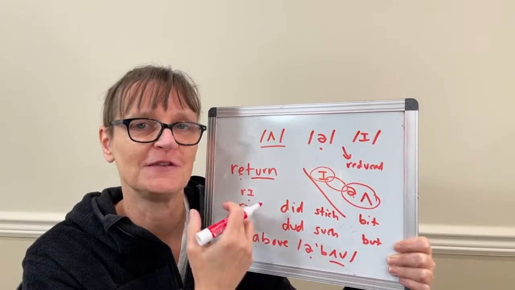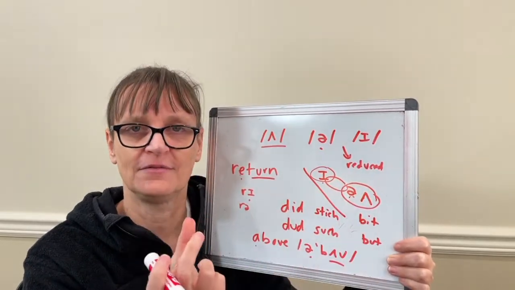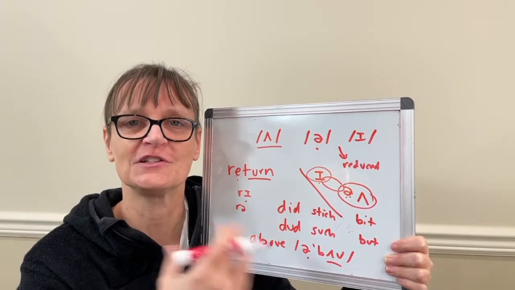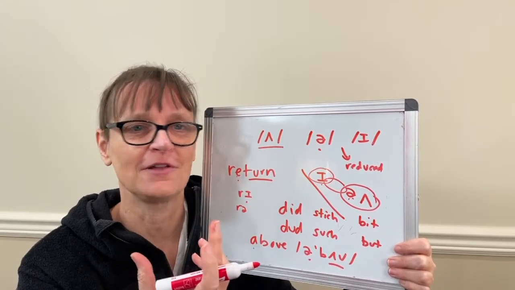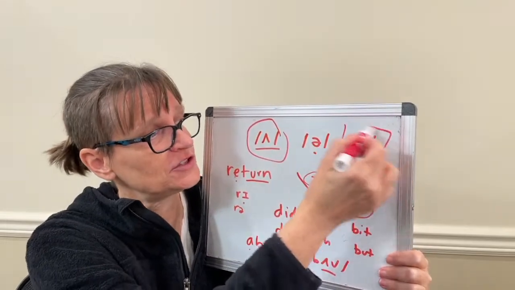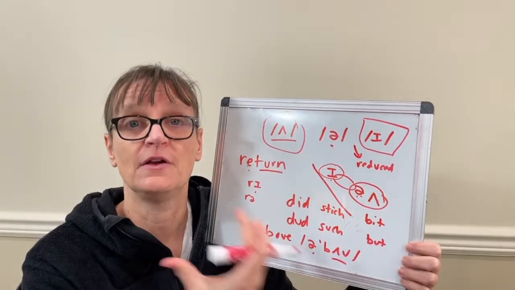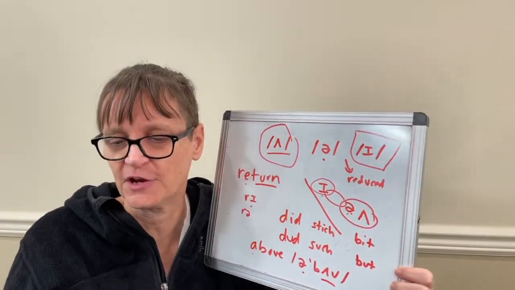Some dictionaries will even show a schwa or an I. You'll see it denoted differently in different dictionaries in these unstressed syllables. It doesn't matter too much which vowel I use. But between the stressed schwa and the stressed I, like in bit and but, there is a clear difference and a clear position. Yeah, that's a great question.